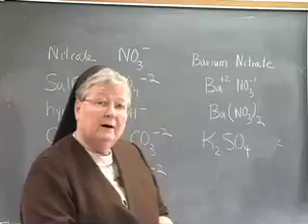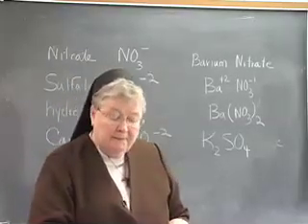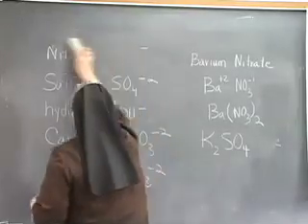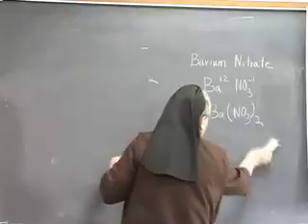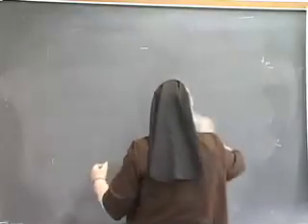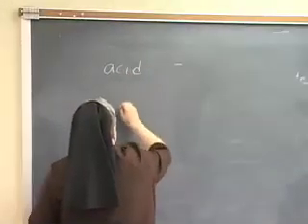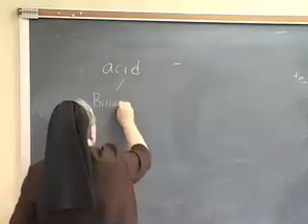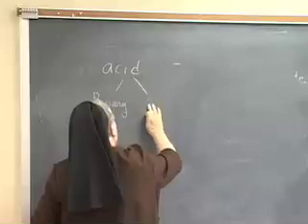We really have just one more consideration, and that's the consideration of how to name acids. So acids are basically going to be two kinds, binary and oxy.